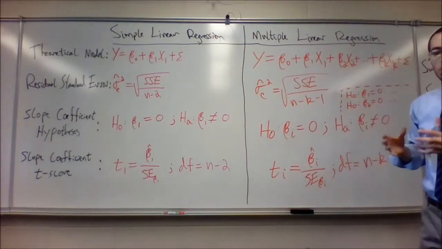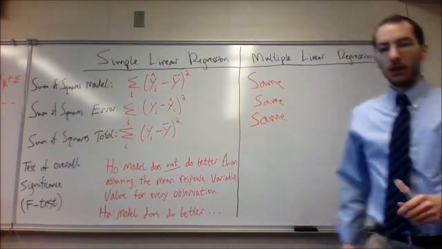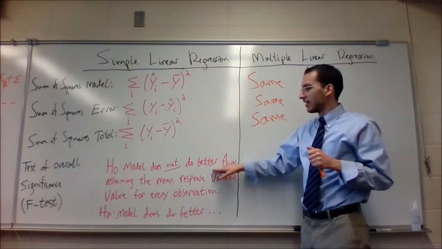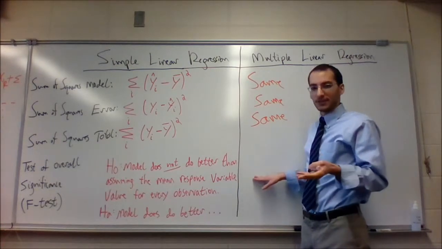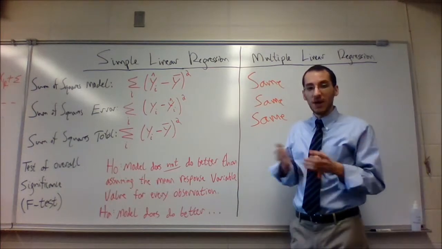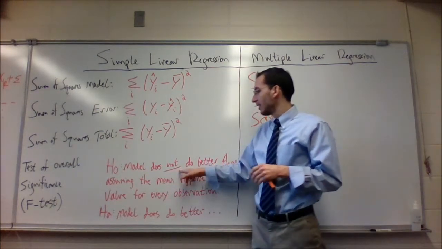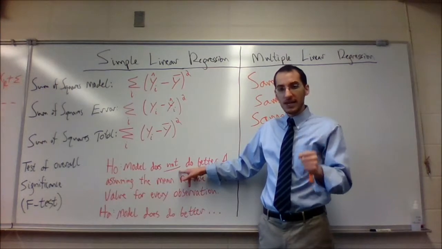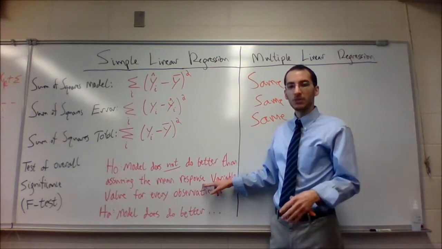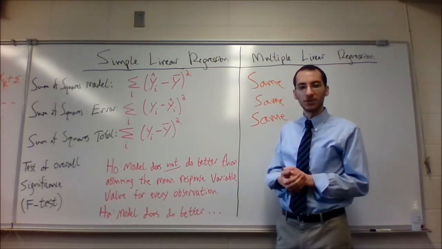And so what does this mean for testing the significance of the overall model? In simple linear regression, and as you'll see in multiple linear regression, it's basically the same thing. The null hypothesis of the overall test is that the model does not do better than assuming the mean response variable for every observation.